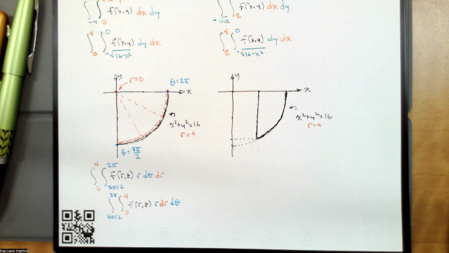In this case, the setup of the double integral is easier, and the execution of the double integral will also be easier because we're just integrating the function r.